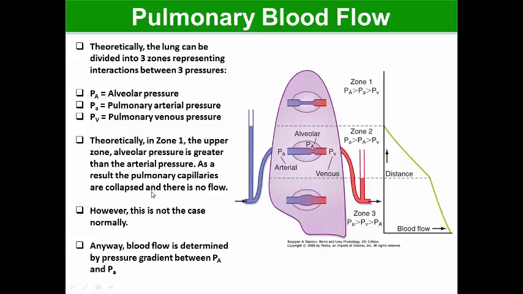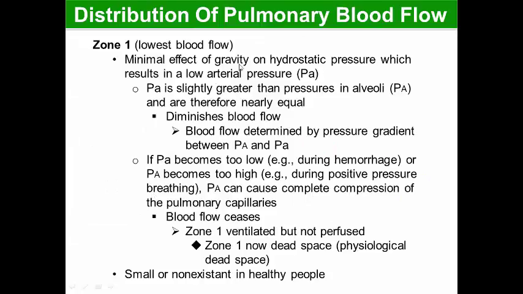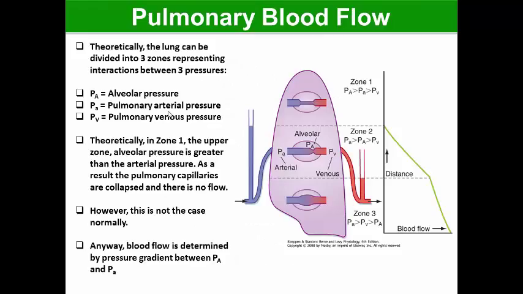However, normally this is not the case. Why? Because in zone 1, under normal condition, the pulmonary arterial pressure is still greater than the alveolar pressure.